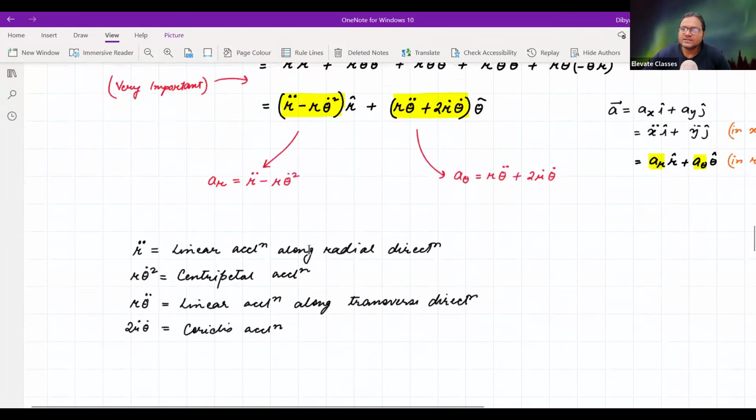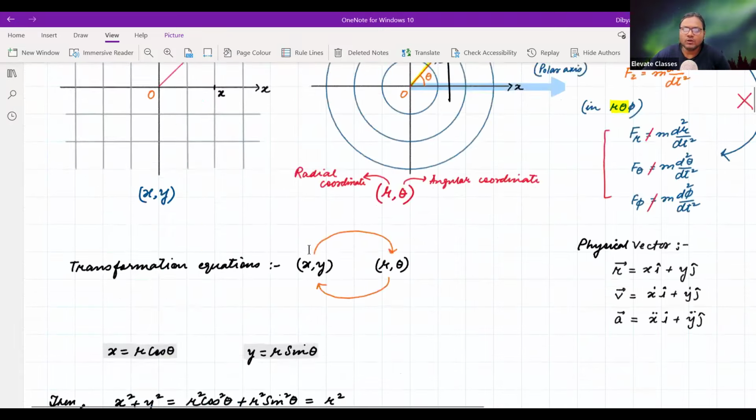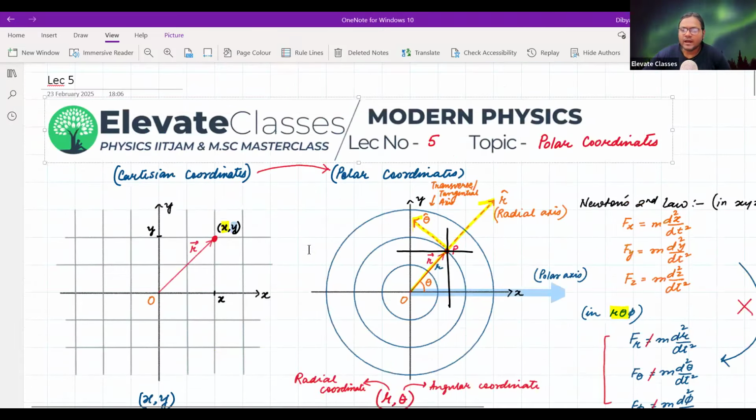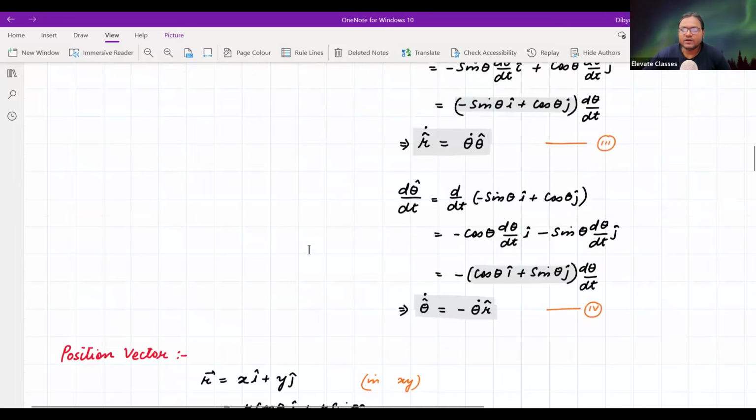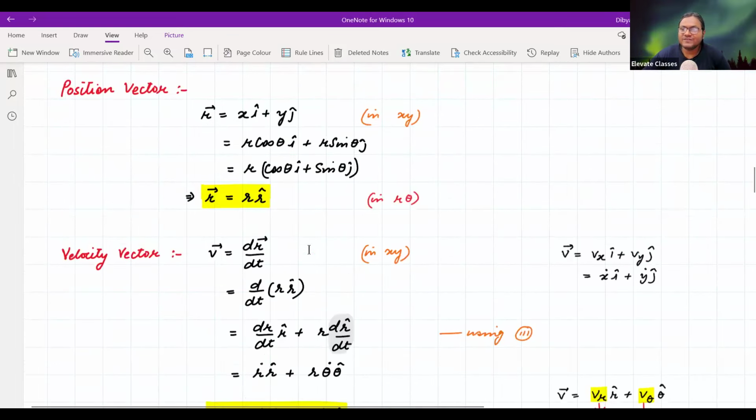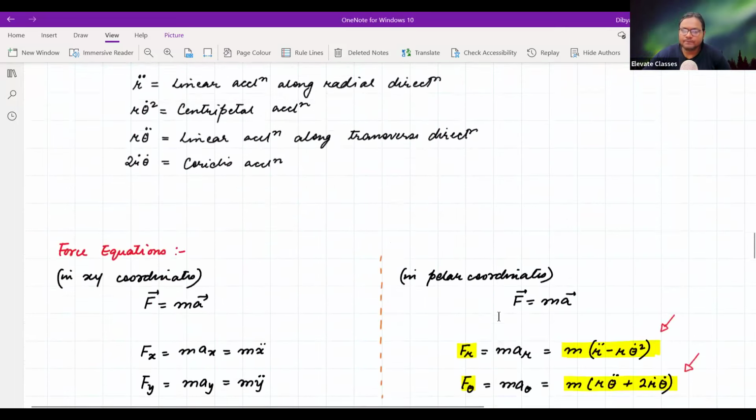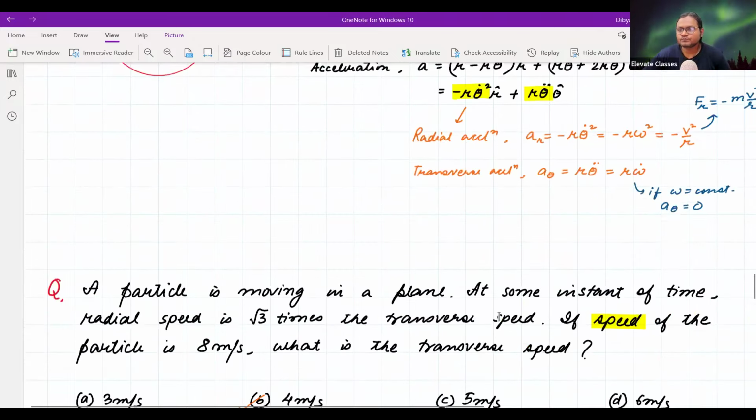So in the last class, I gave you an introduction to polar coordinates, right? And I gave you a relationship for certain physical quantities in polar coordinates. For example, position vector, velocity vector, acceleration vector, all these things, right?